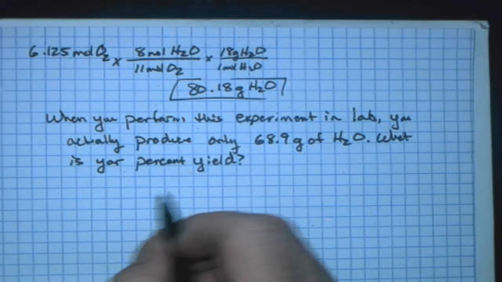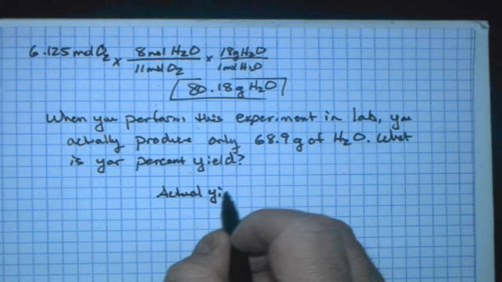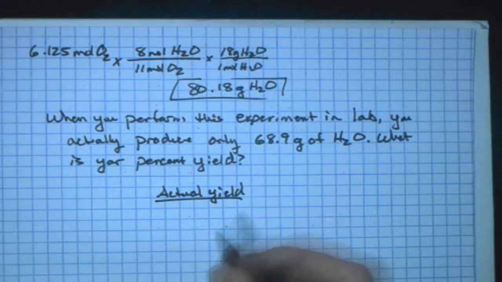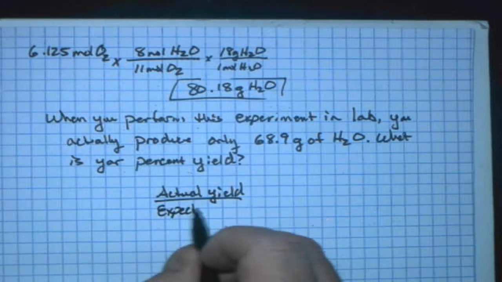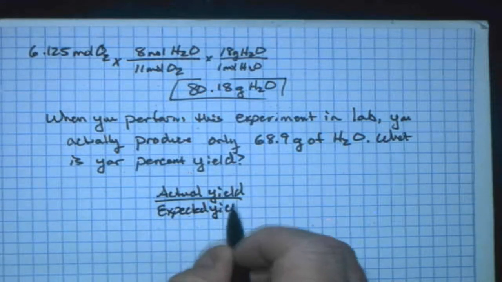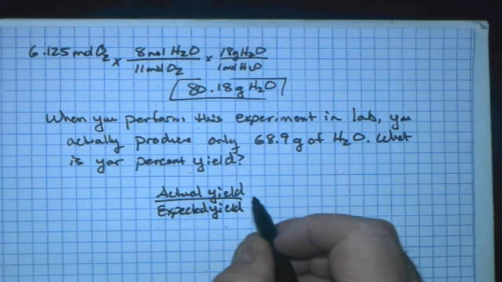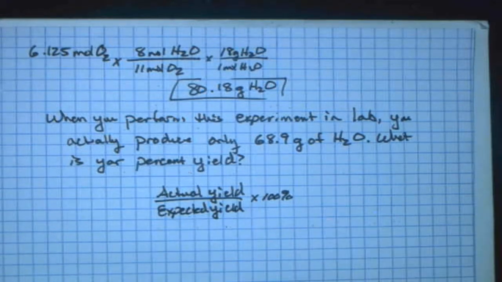It's what we actually got, so the amount on hand that you actually have, divided by what we expected to get, times 100% for those of you that forget to do that.